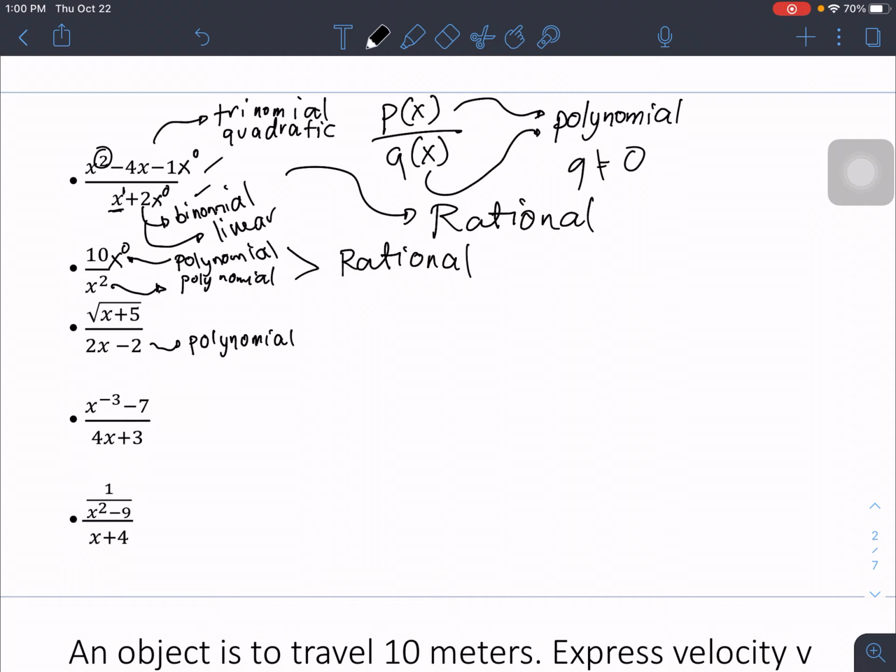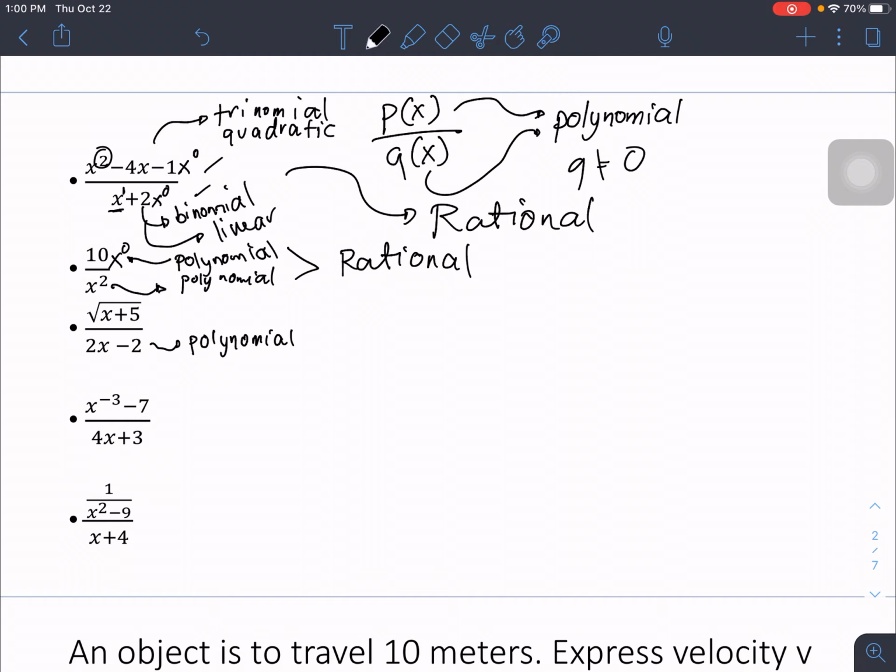So exponent of all x's are all non-negative integers. Okay, so we see an x, which is an exponent of positive 1, and an x here, which is not written, which is the exponent is raised to 0.